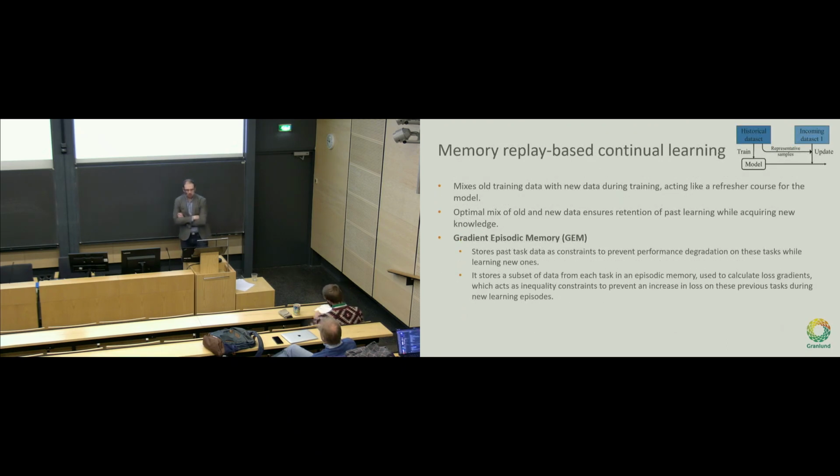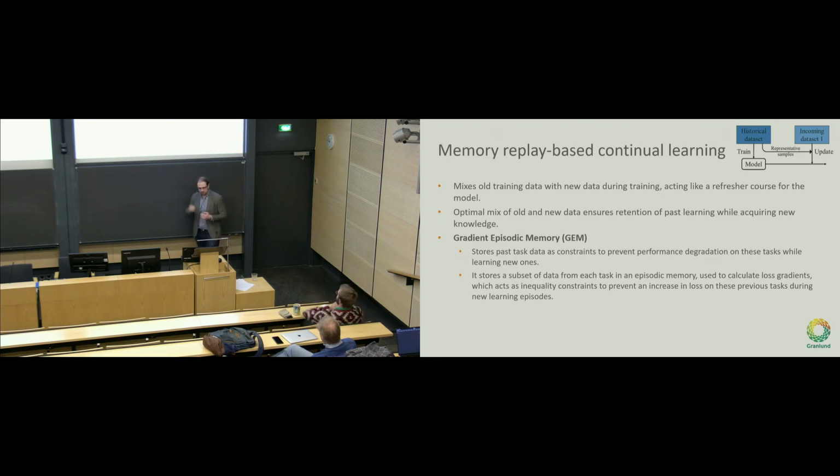Then there is memory replay-based continual learning. You take a sample of the old data, which depends again on a certain parameter, and you try to find the optimal mix of old and new when training the model. One version of that is gradient episodic memory.